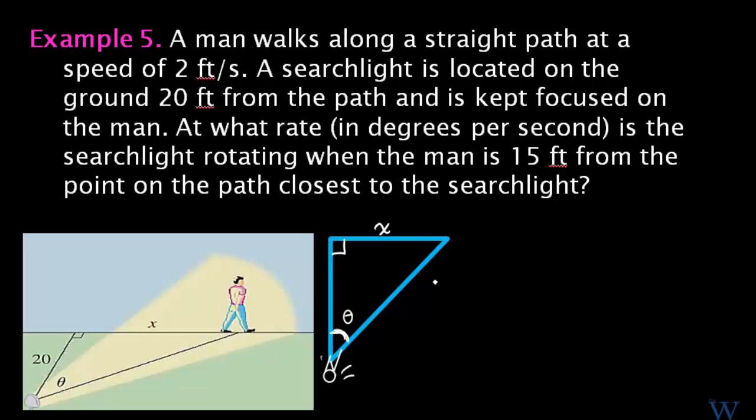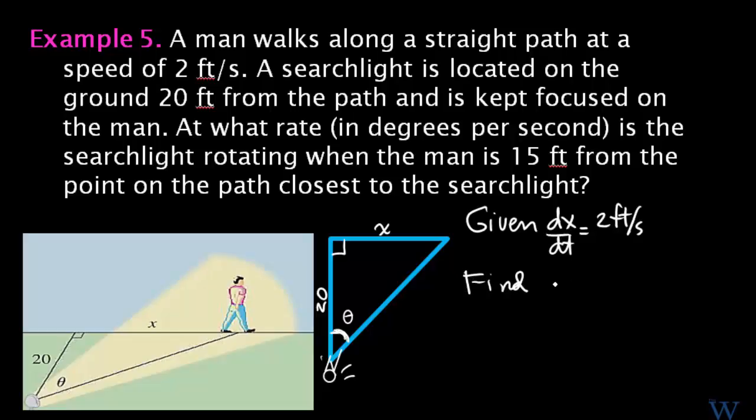Given that dx/dt is equal to 2 feet per second. And then this is fixed, so this distance is 20. That's fixed.